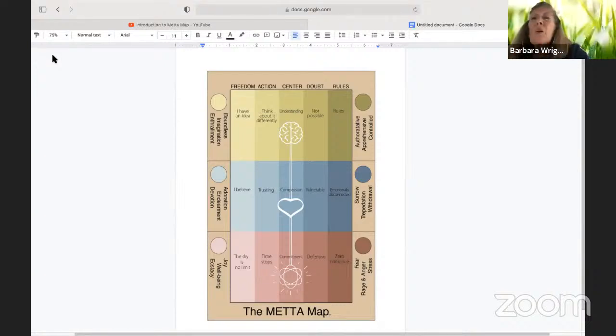Okay. So when we look at the map, the idea of being able to have free will and to have compassion. These two elements are the foundation of all healing, whether it's mental, spiritual, or physical.